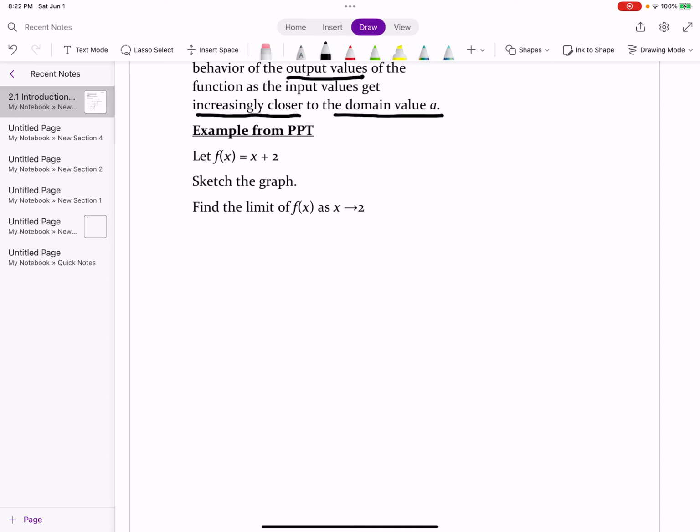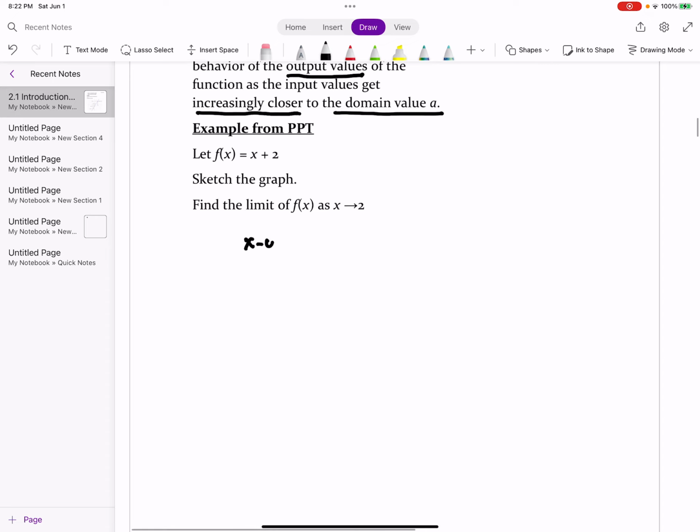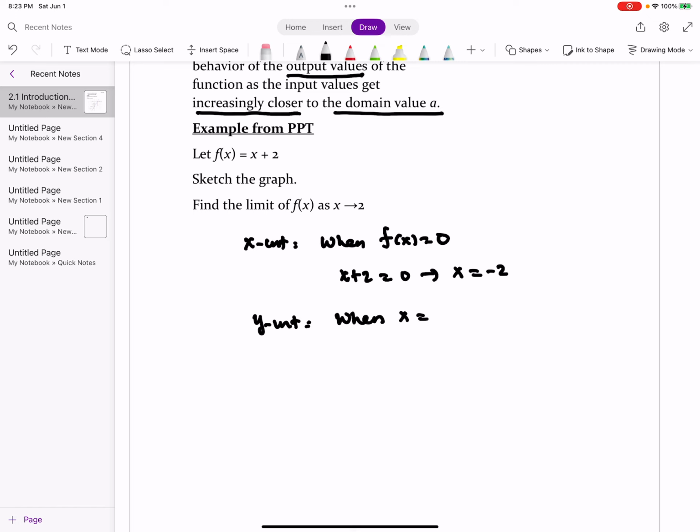In order to sketch the graph, the x-intercept is when the value of f of x is equal to 0, so x plus 2 is equal to 0, which is x equals negative 2. That is the x-intercept. The y-intercept is when the input value x is 0. That is f of 0 is equal to 0 plus 2, which is 2.